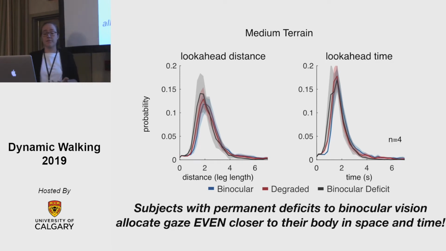And these subjects, who've had a lifetime to adapt to their deficits, show an even larger shift toward the body in the medium terrain, both in distance and in time, suggesting that perhaps there's something adaptive to shifting the gaze closer to the body.